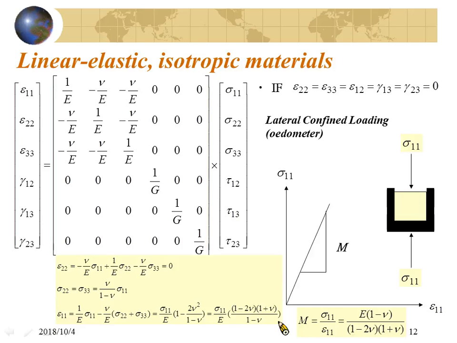I can show you some other example. You will have the constraint modulus. You will still remember the one-dimensional consolidation test. You will have the constraint modulus. It will be the same. The horizontal axis will be the strain in direction 1, and the vertical axis will be sigma 1.